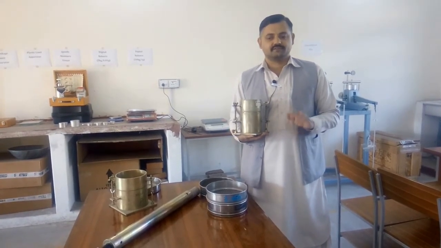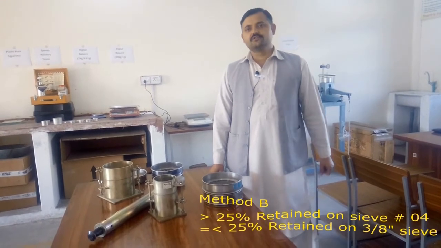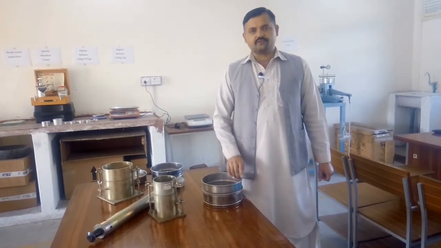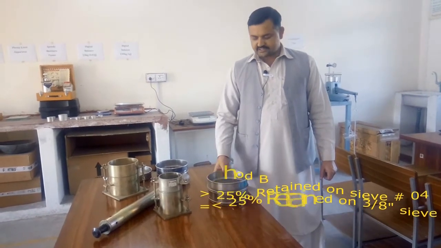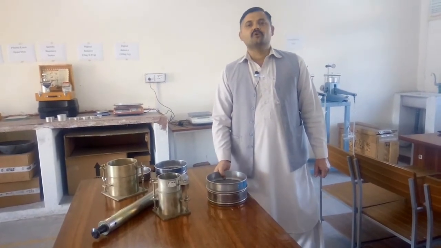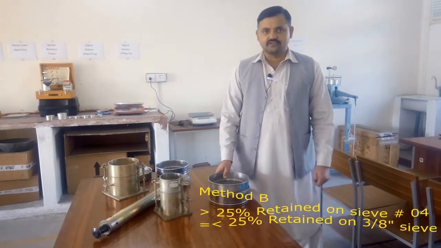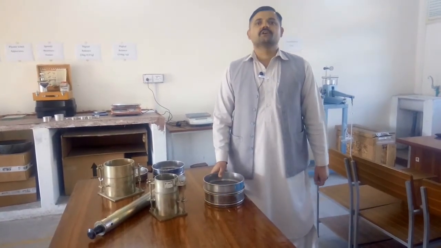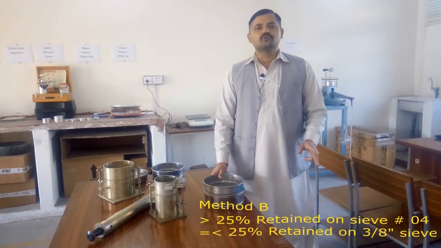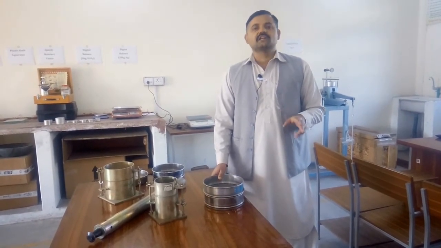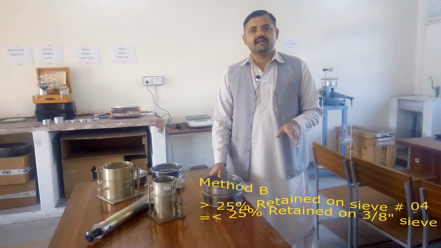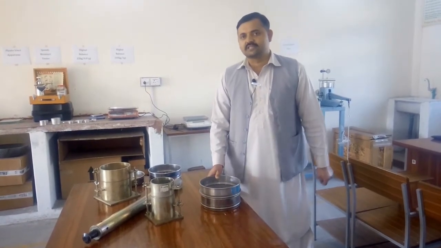by giving 25 blows to each layer. Now for method B, we will use two sieves: sieve number 4 and the 3/8 inch sieve. Let's suppose more than 25% of the material is retained on sieve number 4 and equal to or less than 25% of the material is retained on the 3/8 inch sieve, then method B will be selected.